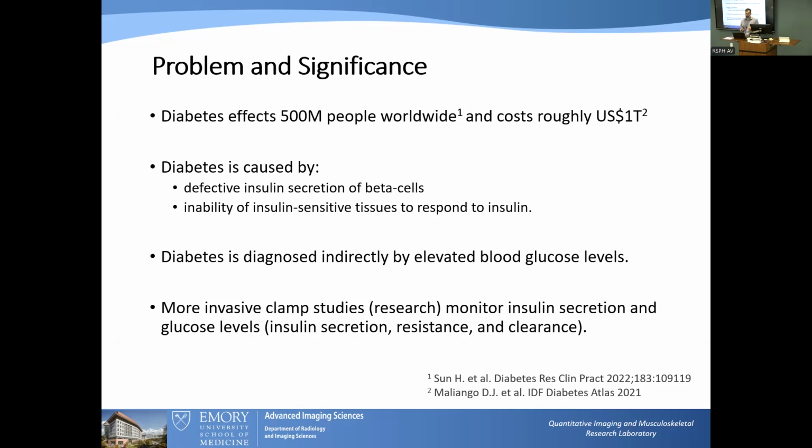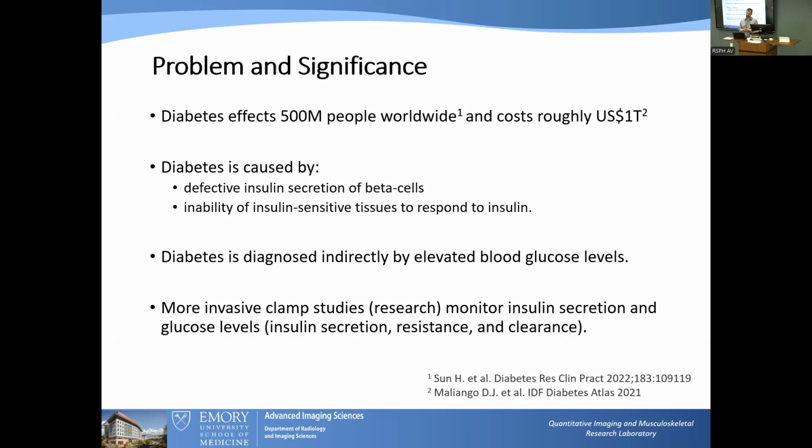We think about diabetes in terms of defective insulin secretion of beta cells, as well as the inability of insulin-sensitive tissues to respond to the insulin that is secreted. Yet we diagnose diabetes based on elevated blood glucose levels, which is very indirect and not that specific or sensitive to the underlying pathophysiology.